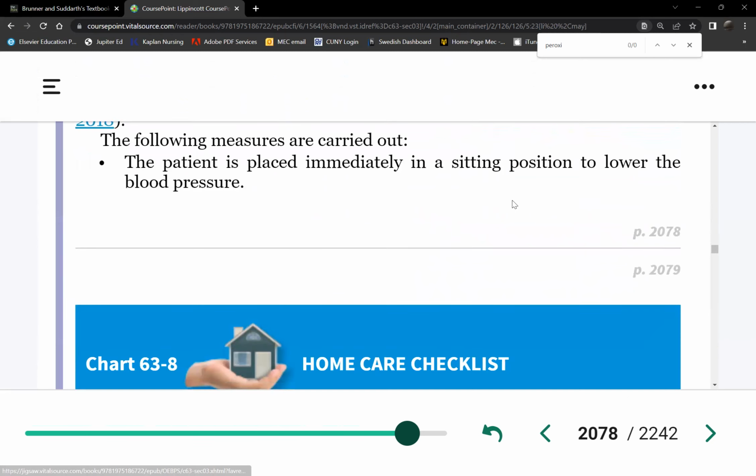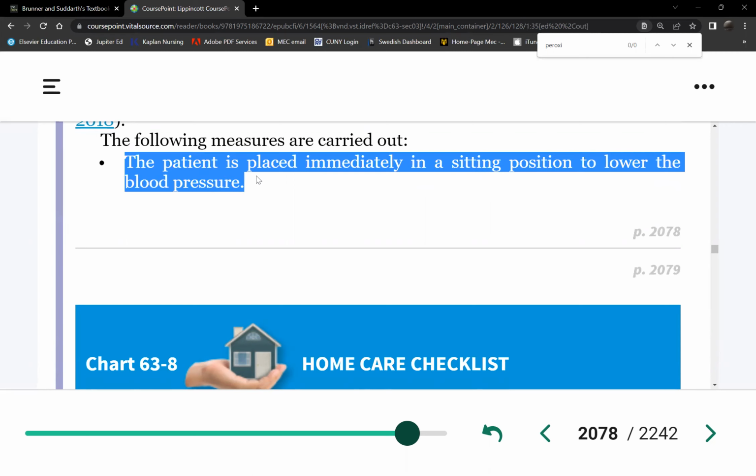And these are your actions. First action, which is not different from eclampsia and hypertensive crisis or malignant hypertension, is to raise the head of the bed up or put them in a sitting position. Even with the spinal cord injury? Well, again, when does this occur? This never occurs during the acute episode.